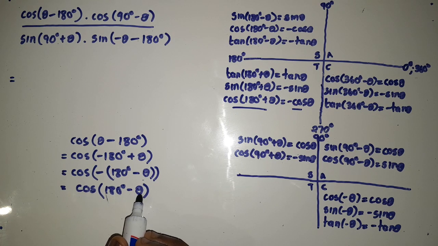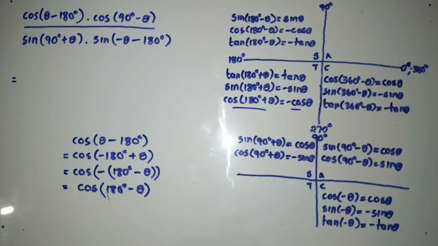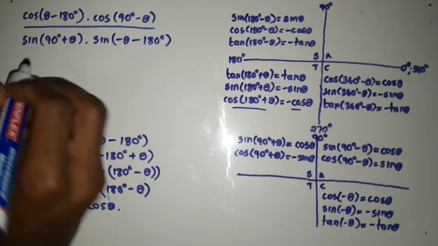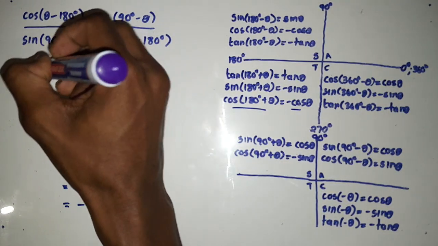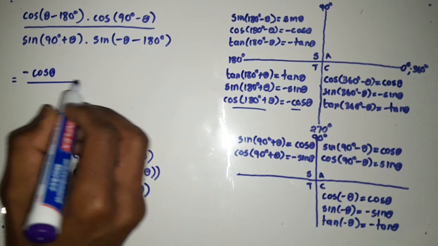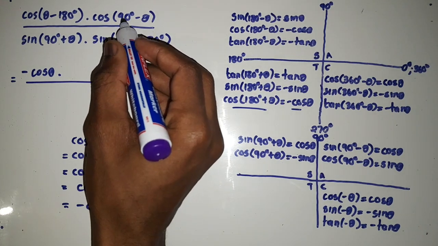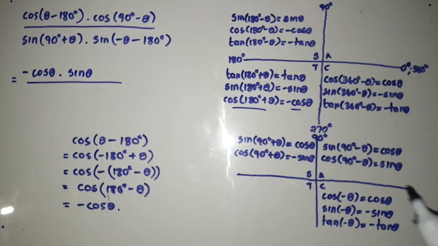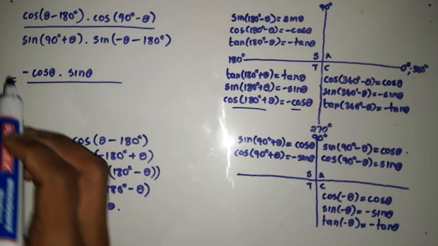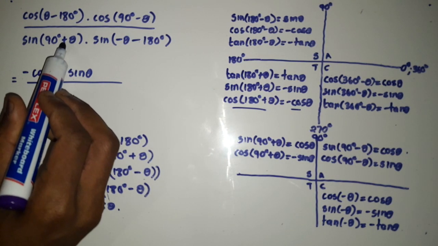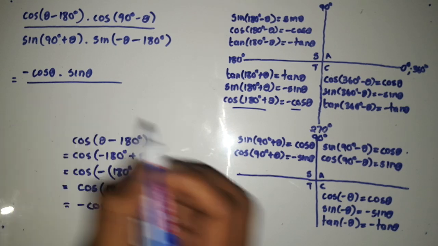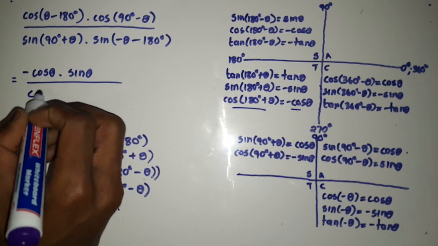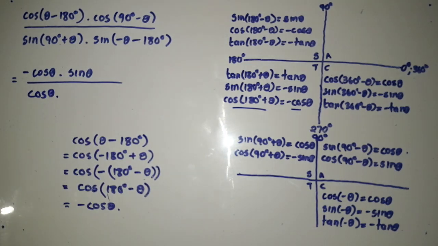For 180 minus theta, cos is going to be negative cos theta. Then you take this and write it here, negative cos theta. Then cos(90 minus theta) is going to be sine theta. This one is much easier. Then sine(90 degrees plus theta), we get positive cos theta.